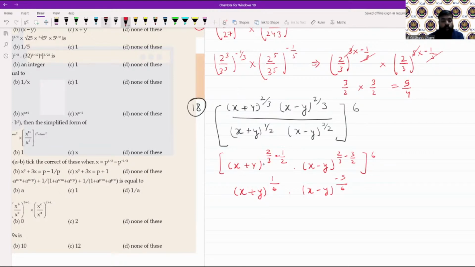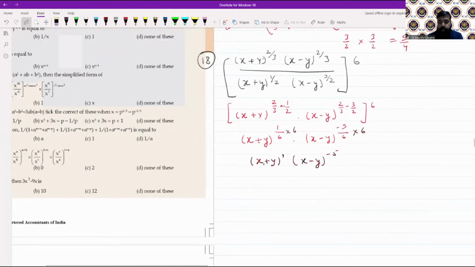Since the power is on whole, we can multiply 6 on both of them. So what will be left? X plus y to the power of 1 and x minus y to the power of minus 5. So it can be written as x plus y upon x minus y to the power of 5.